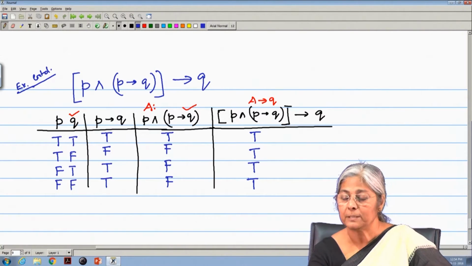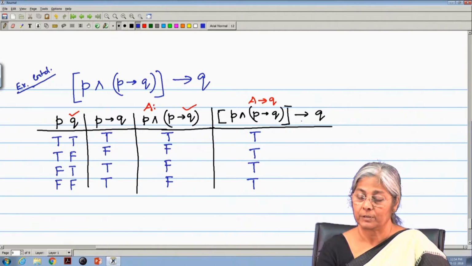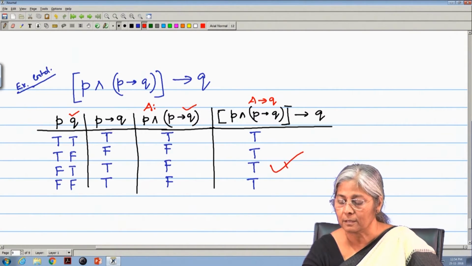Once A is false, the implication is true by default. So, what we see is that this is a tautology.